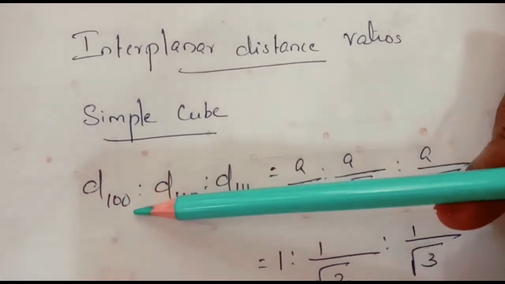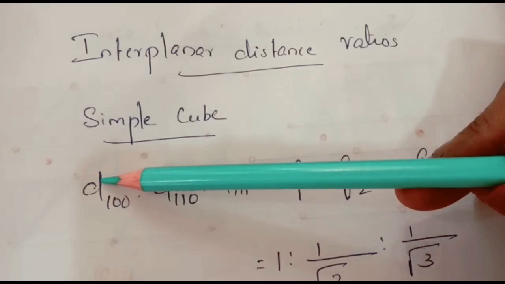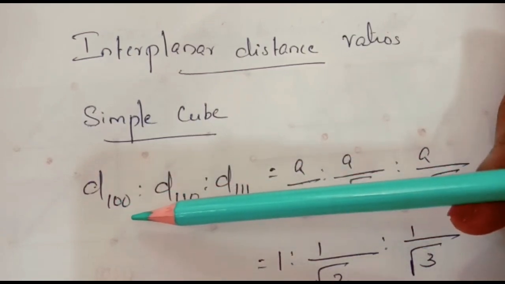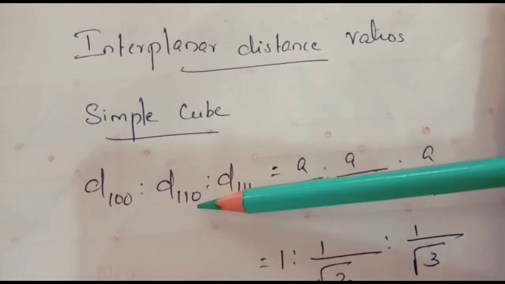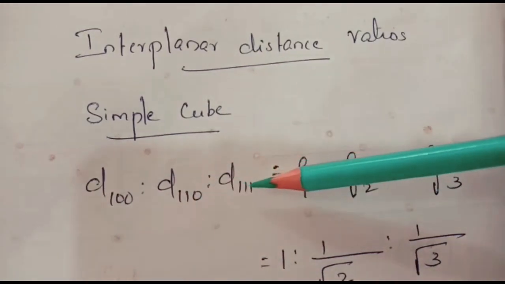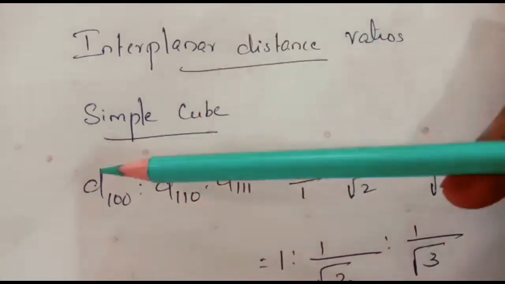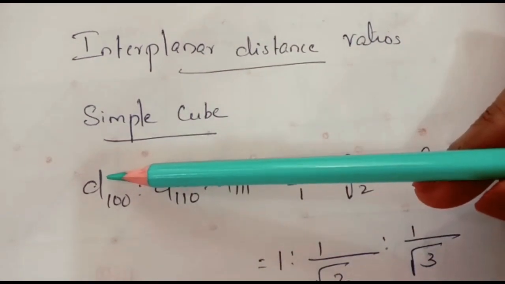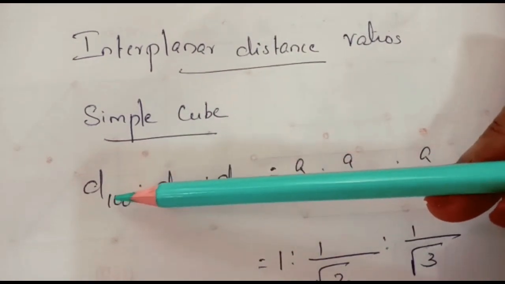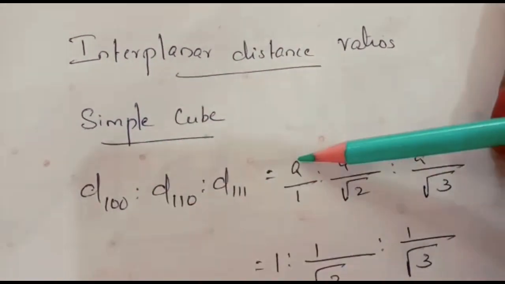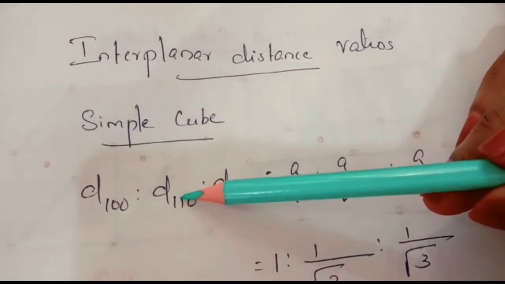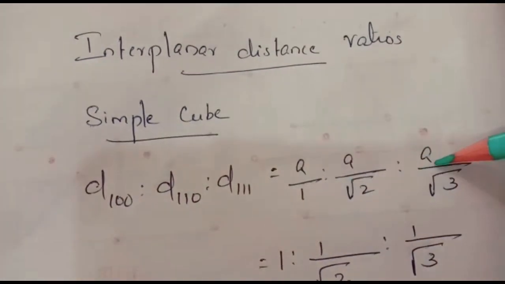So here D100 means it's a distance between two parallel planes in a 100 plane. This one is a distance between the planes of 1, 1, 0, and this is a distance between the planes of 1, 1, 1. So D is the value A divided by root of h square plus k square plus l square. So we will get it as, this one is A by 1, A divided by root 2, A divided by root 3.